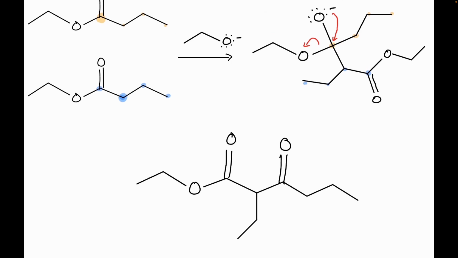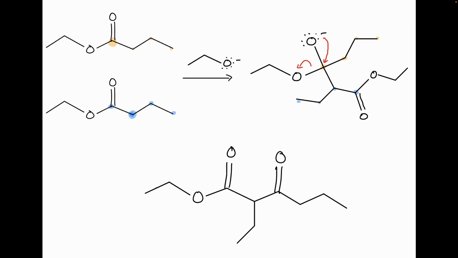Okay, so importantly, your nucleophilic ester is going to be fully represented in your product. Every carbon from that nucleophile should be found in your product. So boom, these 1, 2, 3, 4, 5, 6 from my blue, my nucleophilic ester are in there. But your electrophilic ester is going to lose that alkoxide group.